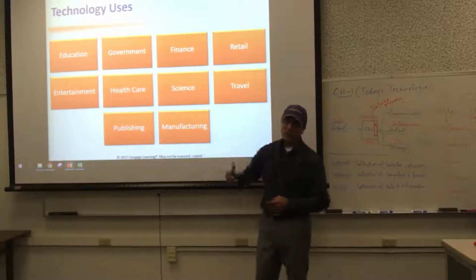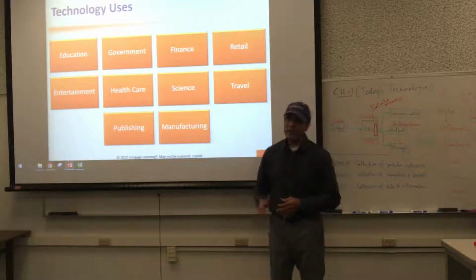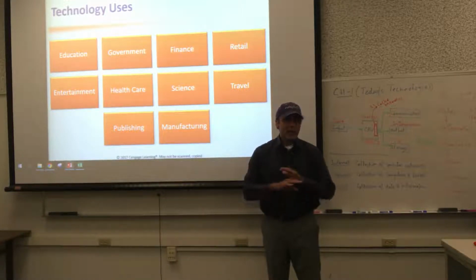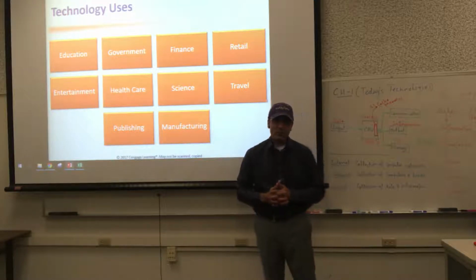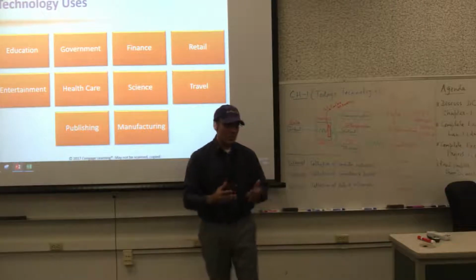Retail, when you go to Amazon to make purchases. When you are traveling, you go to the airline website. How many have never made an online reservation for an airline? Okay. Never made a reservation for a hotel? Okay, so, but 20 years ago, I started doing this.